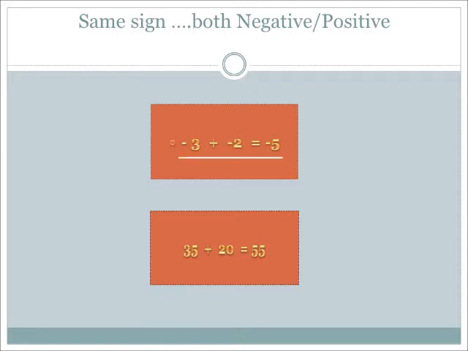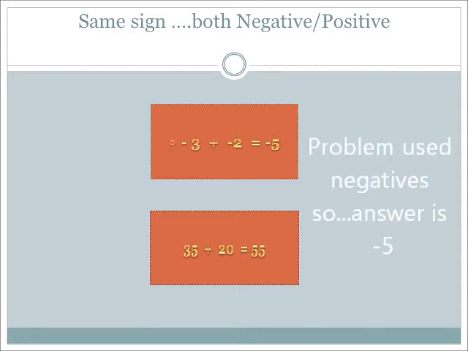So for -3 plus -2 equals -5, if we add the values, 3 plus 2, we would get 5. But since the problem both had negatives, our answer wouldn't be +5, but -5.